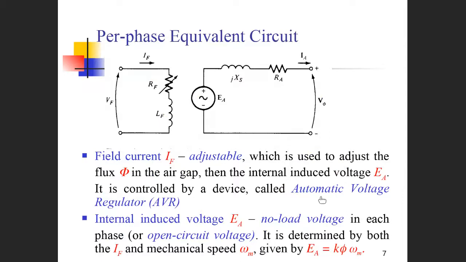Because we have the knowledge of the transformer and the induction motor, most of you should have no difficulty understanding the equivalent circuit as we show here. As I mentioned at the beginning, for whatever generator, there are two important electrical coils. One is the field coils, the other is the armature coils. First, the field coils.